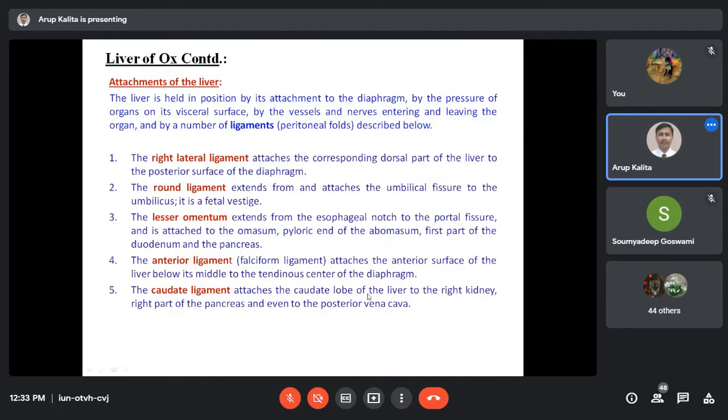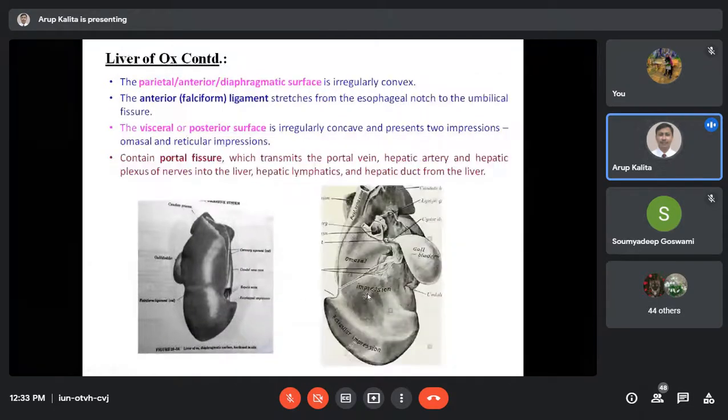Here you see the esophageal notch. This is the esophageal notch. So the lesser omentum is coming here. It will attach to the omasum, then duodenum, then abomasum, and pancreas in this area. So this is the lesser omentum.